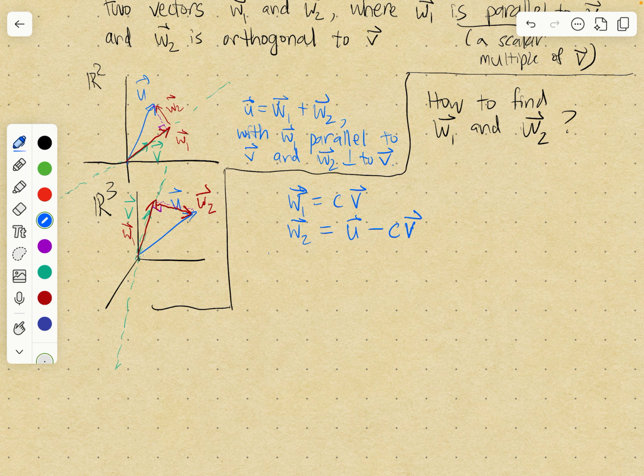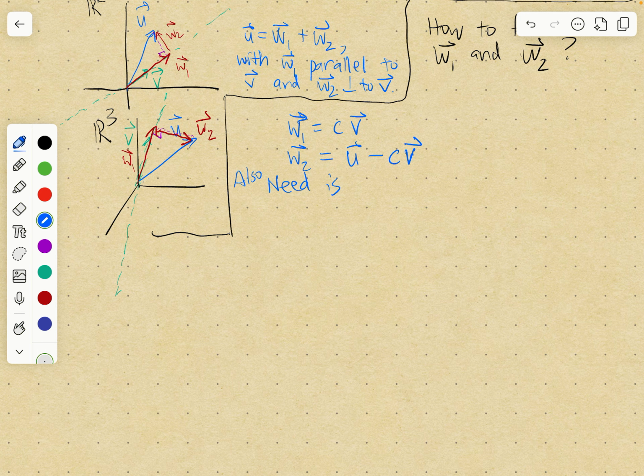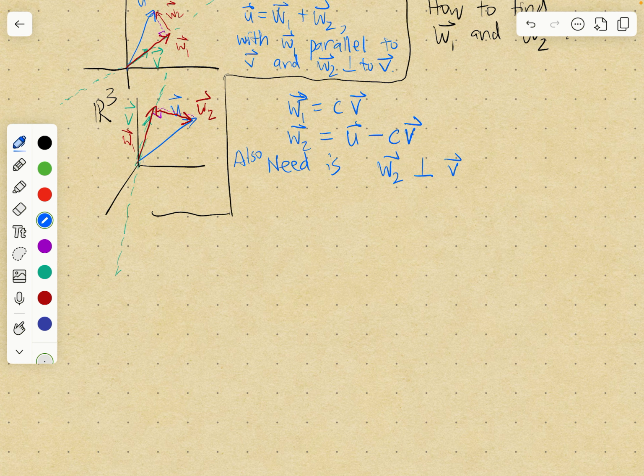And what we also need is that w2 is perpendicular to v. Right? And so the question is, what is c? Because if we know what c is, then we can find w1. What is the c that will make w2 perpendicular to v?